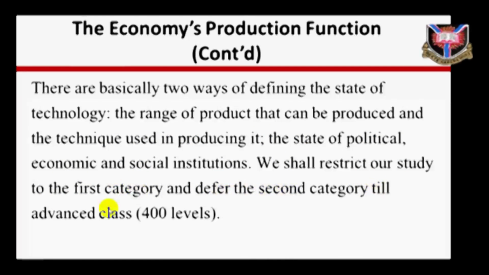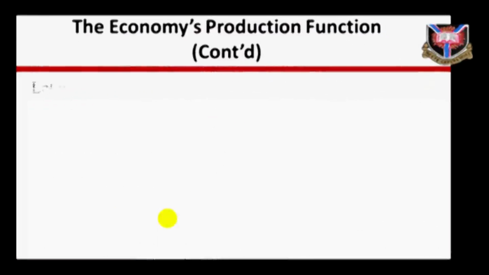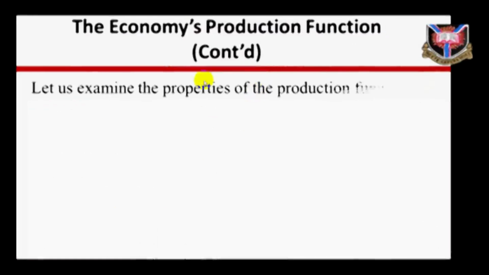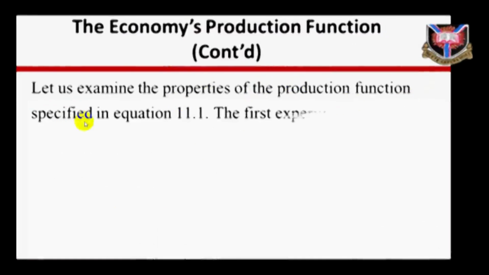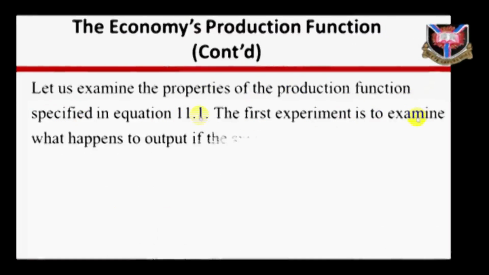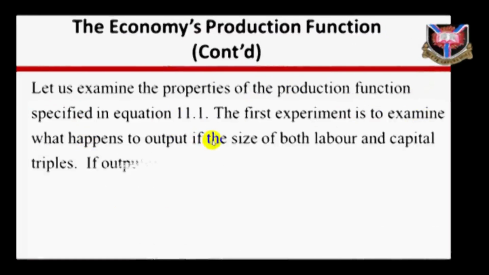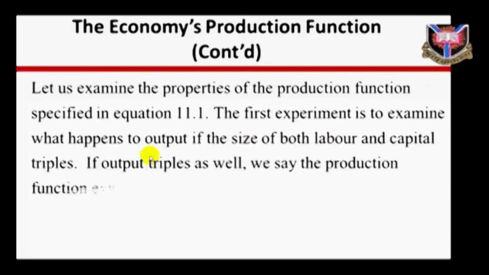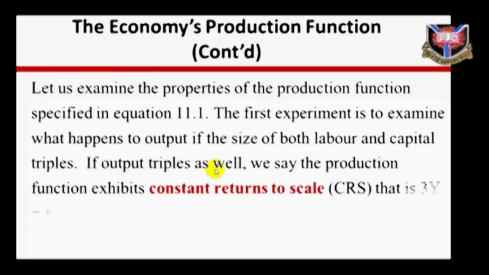Let us examine the properties of the production function specified in equation 11.1. The first experiment is to examine what happens to output if the size of both labor and capital triples. If output triples as well, we say the production function exhibits constant return to scale. That is, 3Y equals F of 3K and 3L.